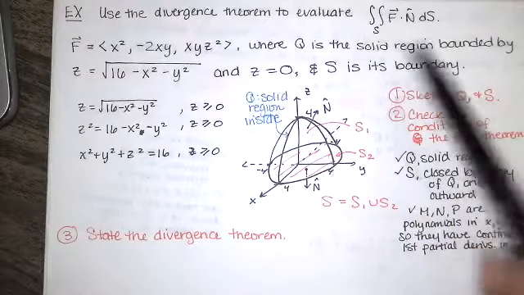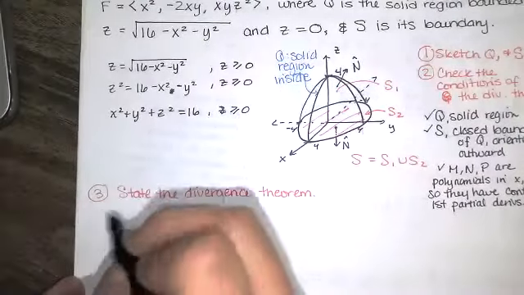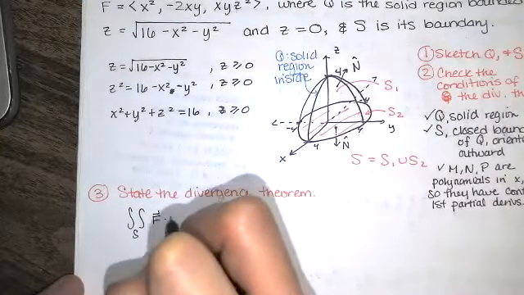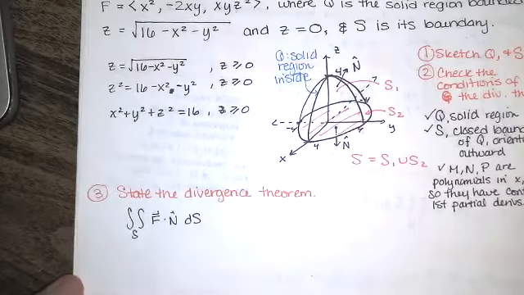Instead of doing both of those surface integrals, we can do this single triple integral instead. And this is still going to give us the flux through the surface S.